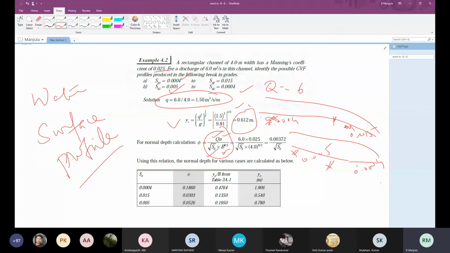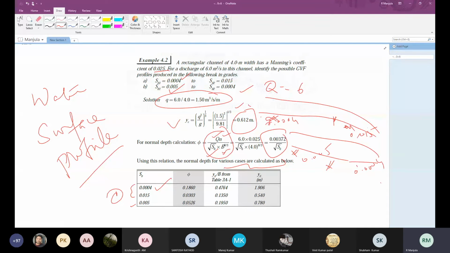Now substitute all the values, get the equation in terms of S0. Now using this relation, for various cases you would draw the table. S0 is 0.0004 to 0.015. This is the first case. Another case is 0.005 to 0.004. This is the second case.